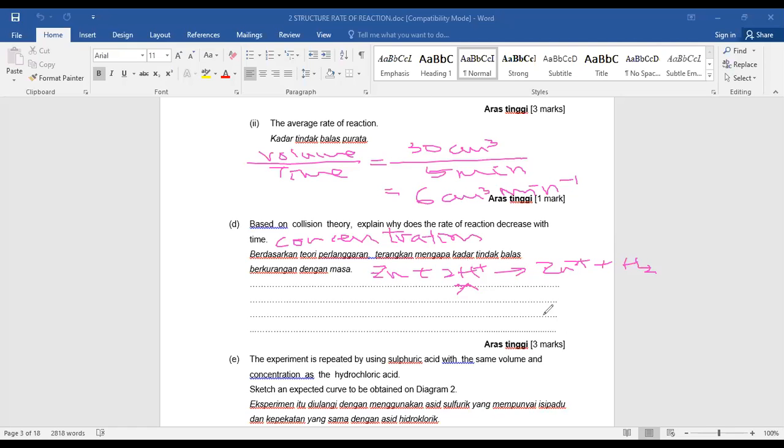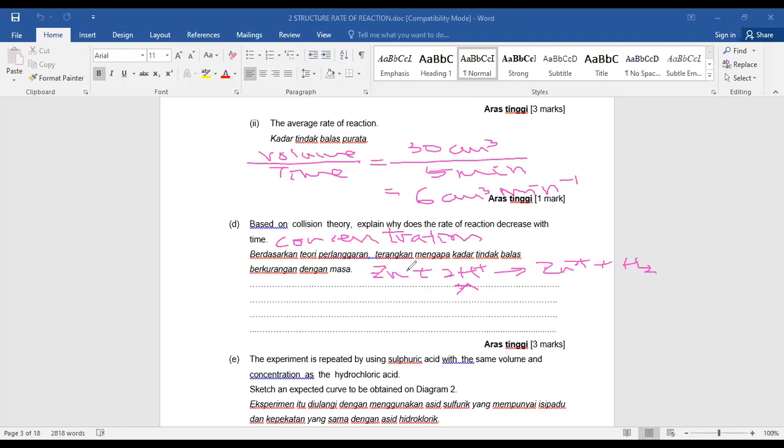I repeat, first you talk about the concentration of the hydrogen ion decreases. Second, talk about the frequency of collision between the zinc atom and the hydrogen ion decreases with time. Then relate to the frequency of effective collision between the zinc atom and the hydrogen ion decreases with time.